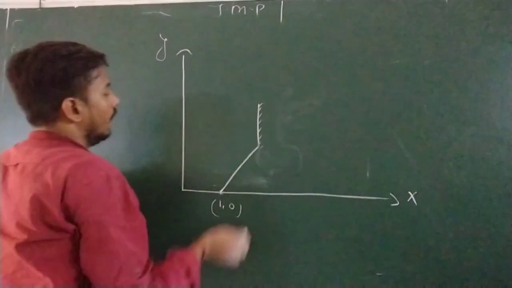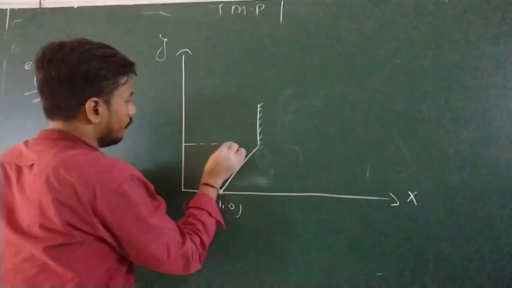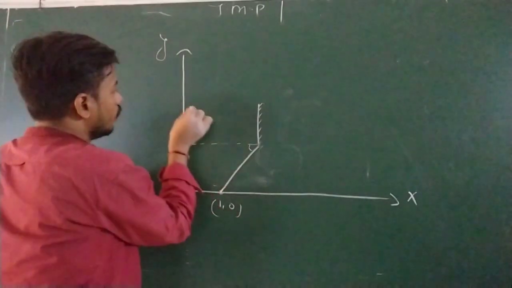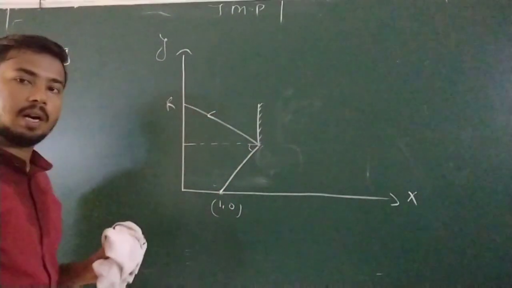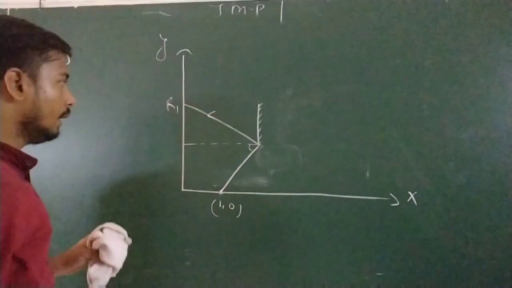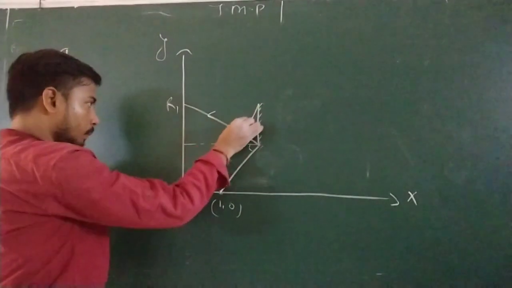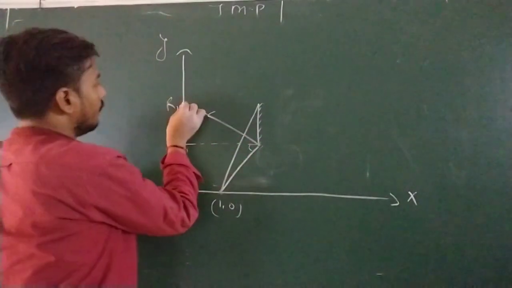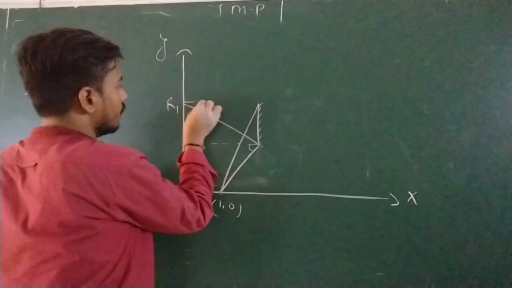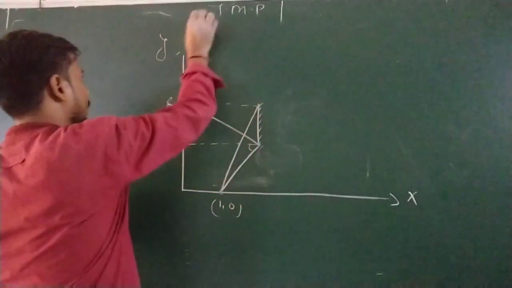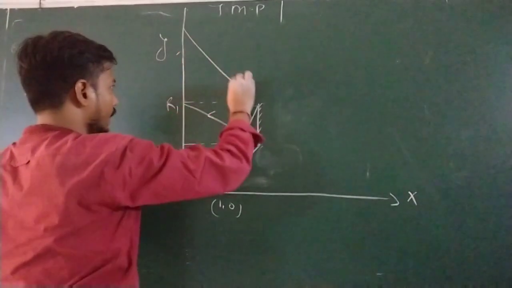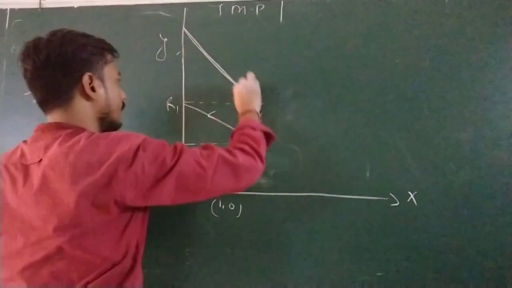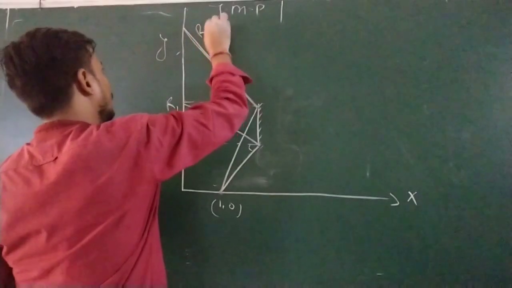So the first ray will come here. And suppose this is the angle of incidence, i. So it will be reflected and come here. It means the first reflected ray is here, R1. The last ray will come here. And suppose this is the normal. So it will be reflected like this, somewhere here. R2.